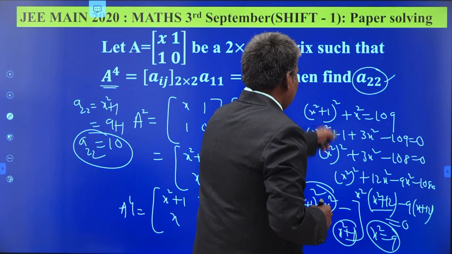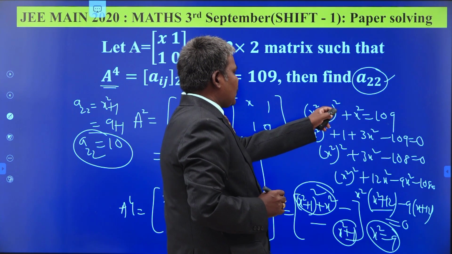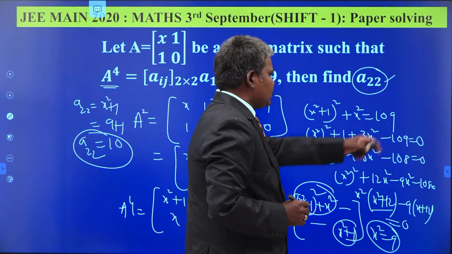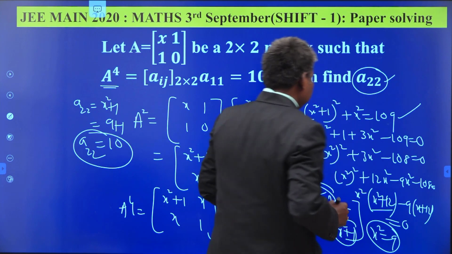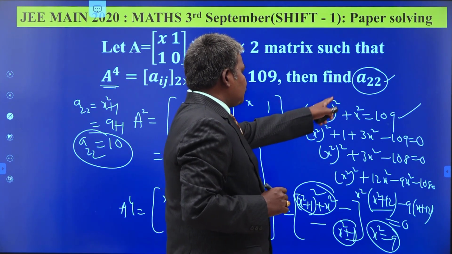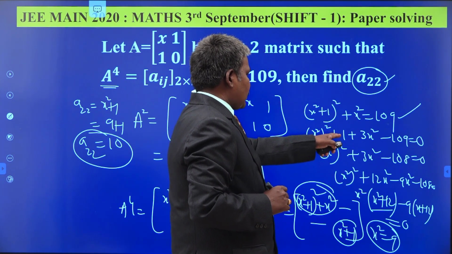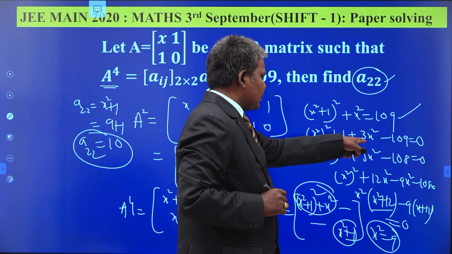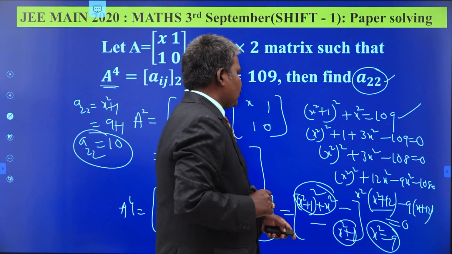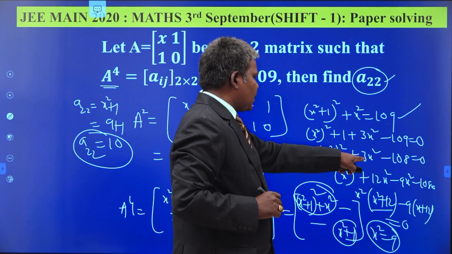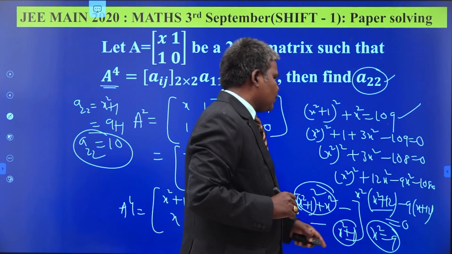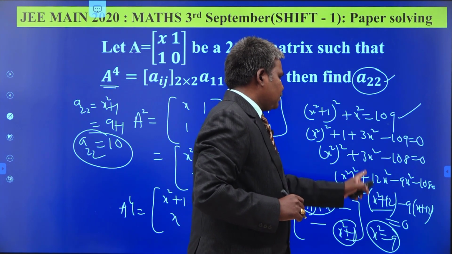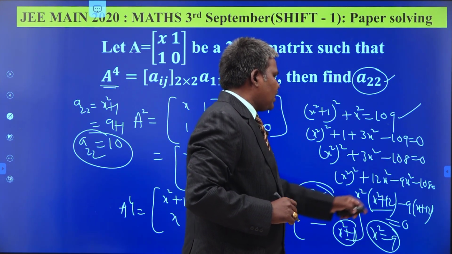Here I explain once again: x square plus 1 whole square plus x square is equal to 109. Using the a plus b whole square form, x square whole square plus 1 plus 2x square plus x square, that is 3x square minus 109 equal to 0. So x square whole square plus 3x square minus 108 equal to 0. 12 minus 9 gives 3, and 12 nines are 108.